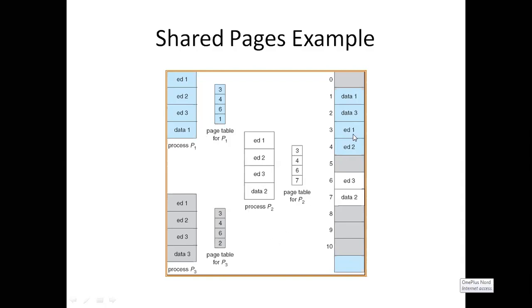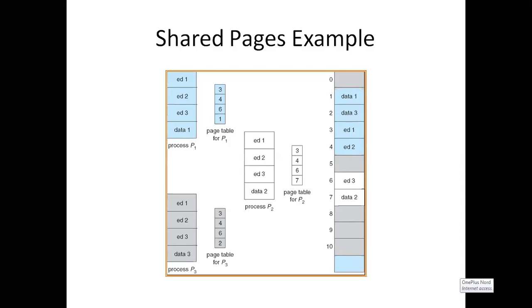Here also ED1 frame 3, ED2 frame 4, ED3 frame 6. That means frames 3, 4 and 6 are used by all the three processes.